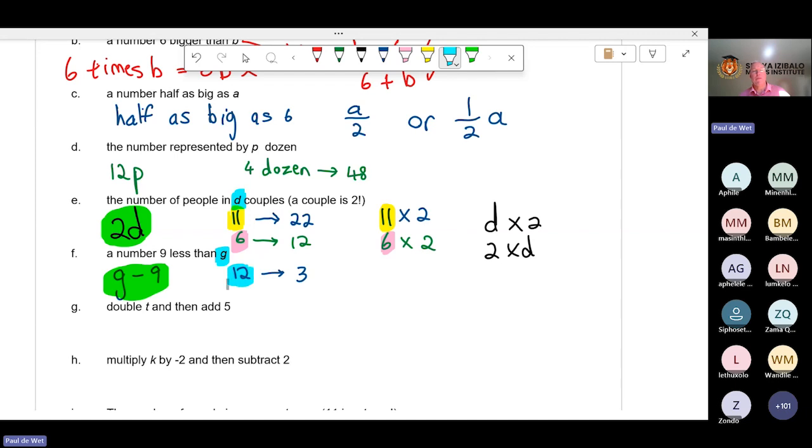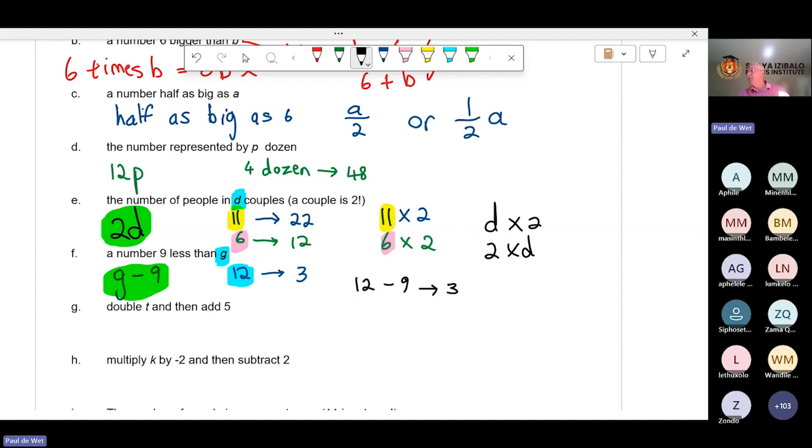And to get from the blue thing to a number 9 less, we must actually take the blue thing and minus 9. We mustn't go the other way around. We must take the 12 and minus 9, okay, to get the 3. So we must take the G and minus 9. Okay. All right, guys, it's definitely G minus 9. 9 minus G will not work. Okay, because if you put a number in place of G, you'll see it doesn't work.